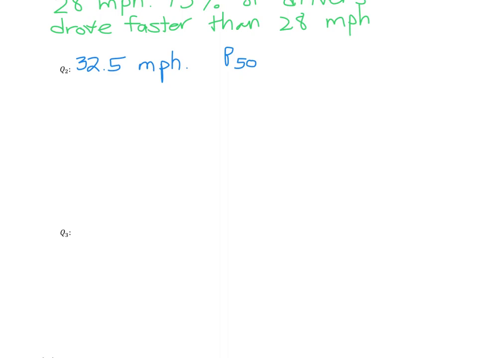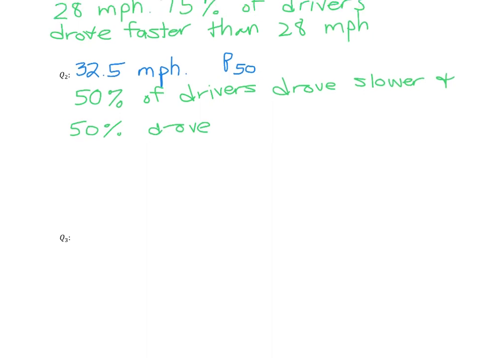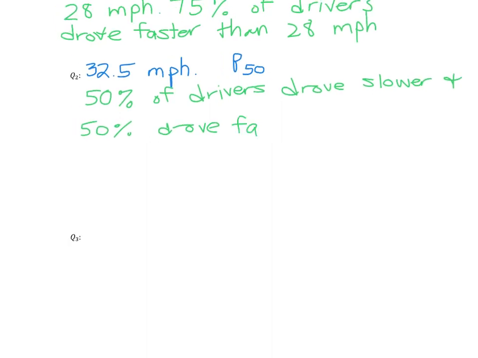So we could say that 50% of the drivers drove slower. And 50% drove faster than 32.5 miles per hour.